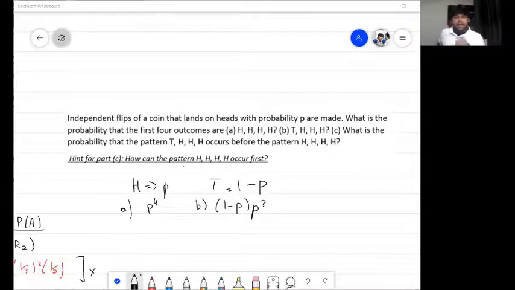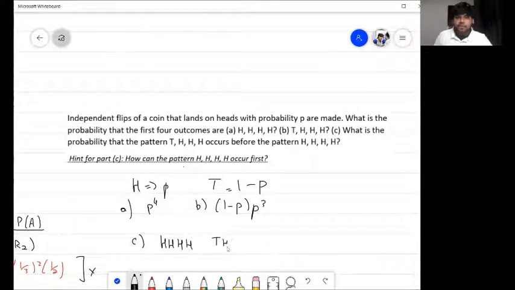That the pattern 4H's occurs before THHH, right? So in hindsight, if I just want to find out the probability for that condition not happening first, in this case in particular, what is the probability of this condition not happening at all?